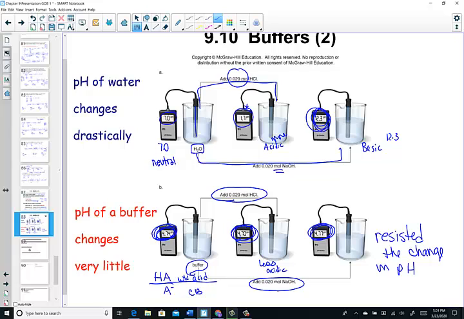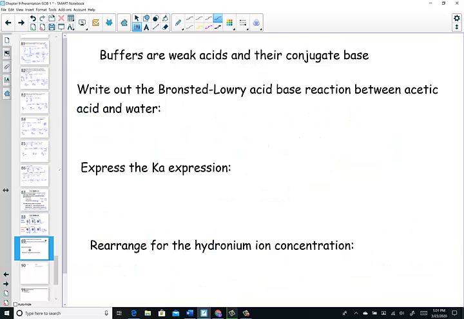Now, to be a buffer, you need to have a weak acid and its conjugate base. Let's write out the Bronsted-Lowry acid-base reaction between acetic acid, and I'm going to write it this way, HC2H3O2. That's the acetate ion.